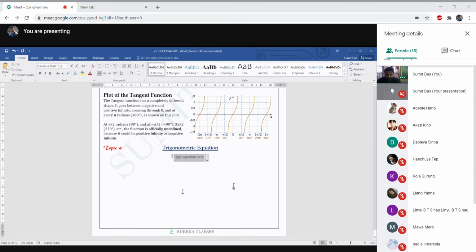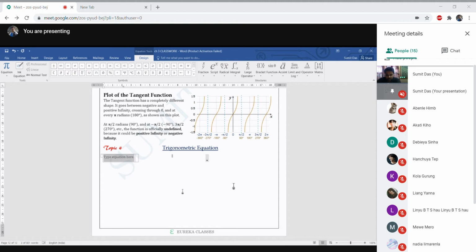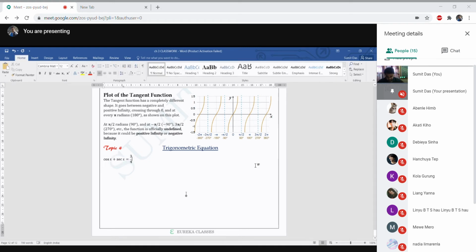Suppose we have an equation like this: cos x plus sec x equal to 3/4, and we have to find the value of x. How to find the value of x?